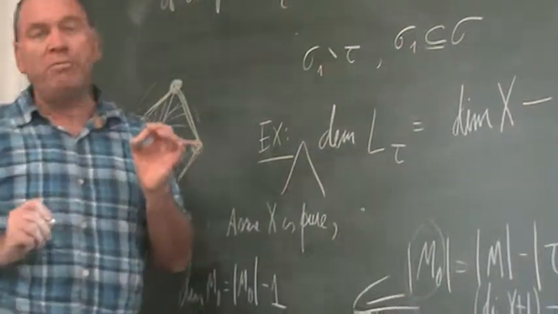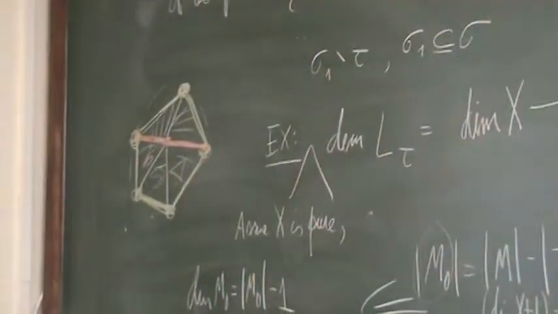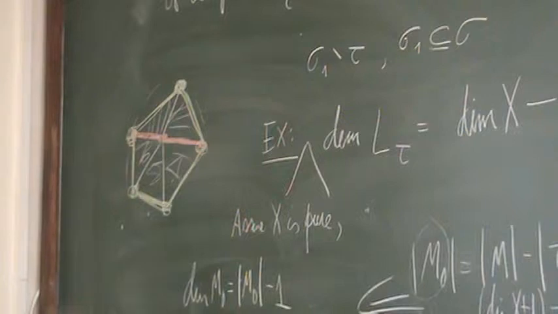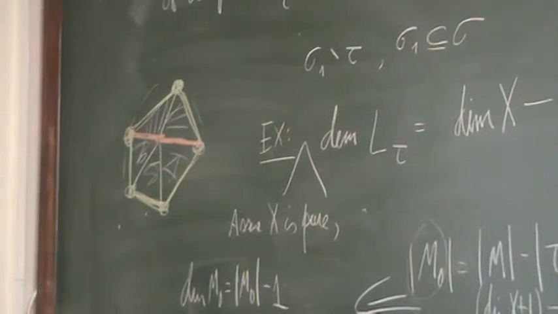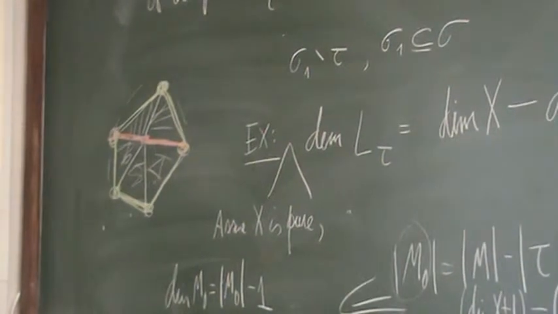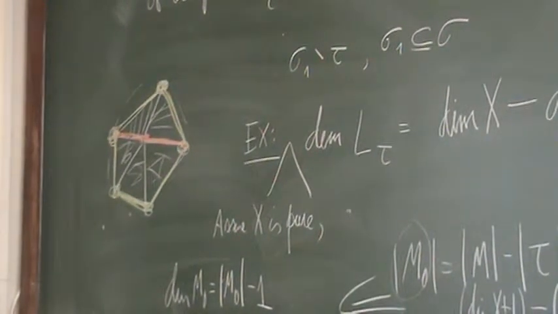But in our complex, it's extremely symmetric, and all the vertices look the same because there's an action which takes one to another. You can forget about the coloring, but as a simplicial complex, what you see from one vertex is exactly what you see from other vertices. So we know in advance that all the links look exactly the same. Okay? This is clear, right?